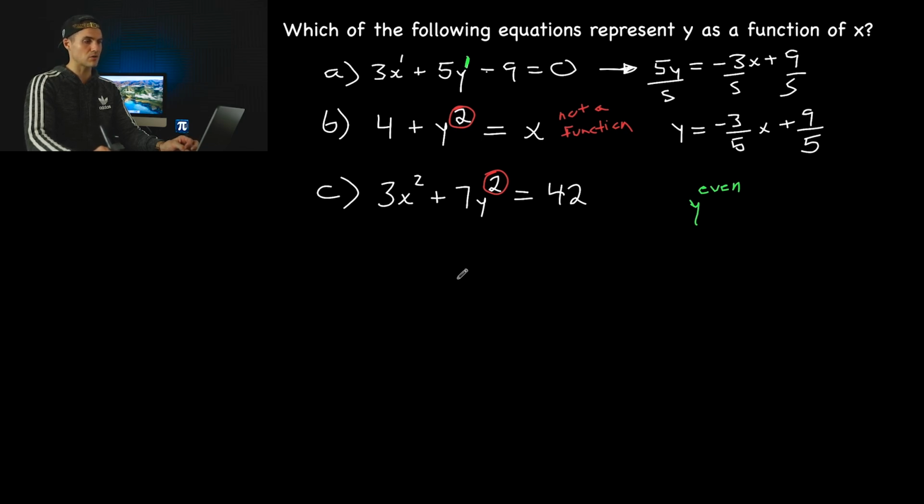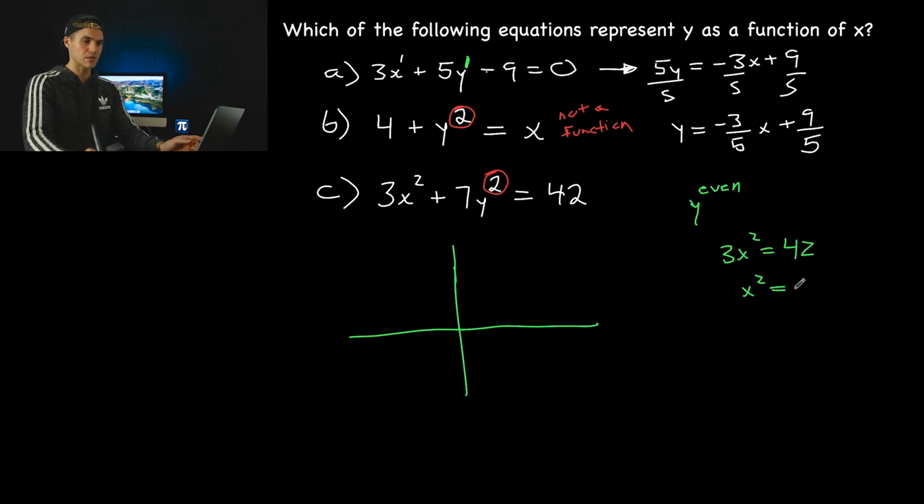And this is basically going to be an ellipse, right? So if you were to graph this, best thing to do is to get the y and x intercepts. So if I get the x intercepts, plugging in 0 for y, I'd have what? 3x squared equals 42. So that means x squared would be, what would that be? That would be 14, right? So x is going to be plus or minus root 14.